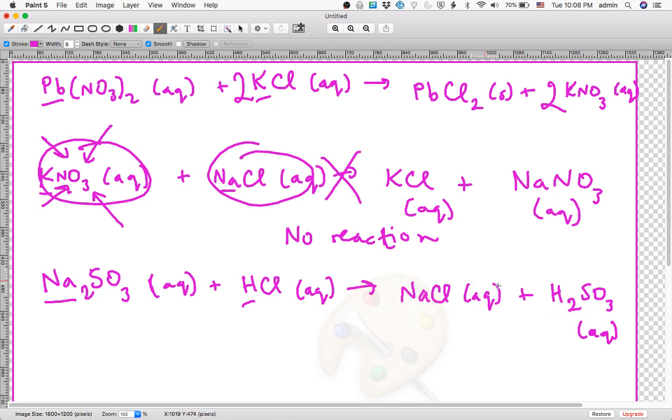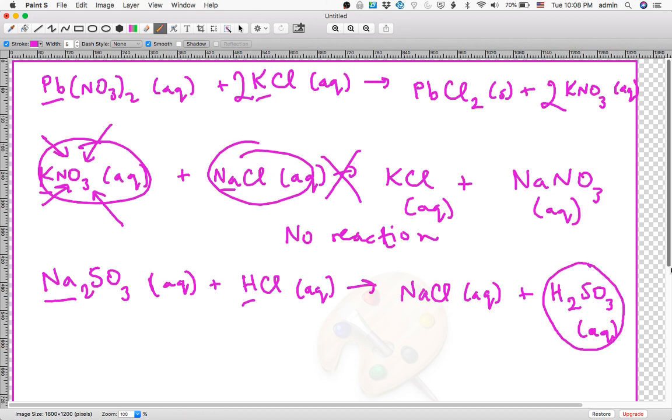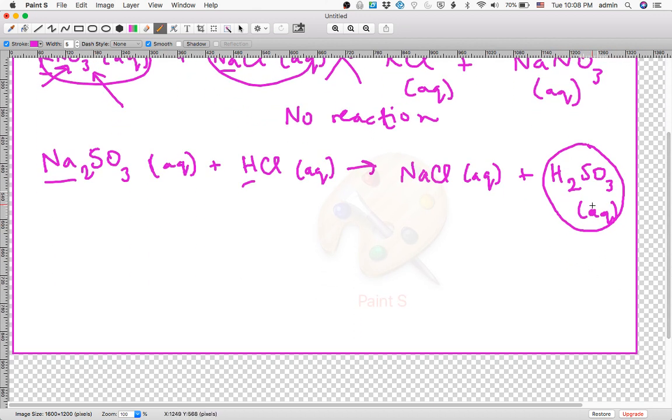They are both AQ, but this reaction does happen. And the reason why this reaction happens is because of this. This forms a gas. There are 3 compounds like this that will form a gas, and you must memorize all 3 of them.